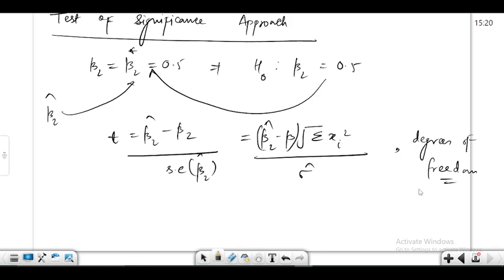So usually for beta 2 it's n minus 2 degrees of freedom. Okay, so if the value of true beta 2 is specified under the null hypothesis, the t value can be readily computed. So if I have the value which is 0.5 here, I can easily find the t value and the probability associated with it.